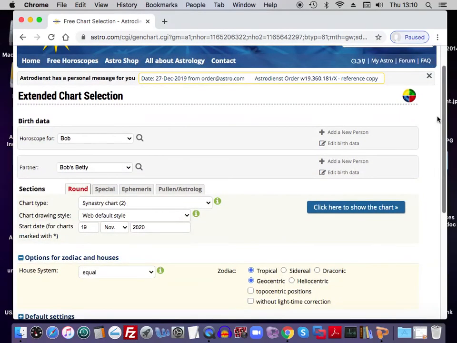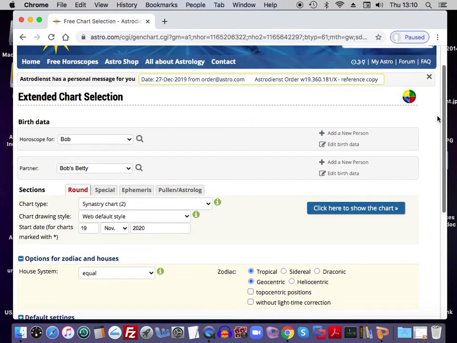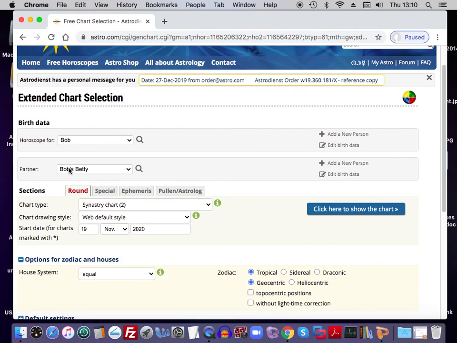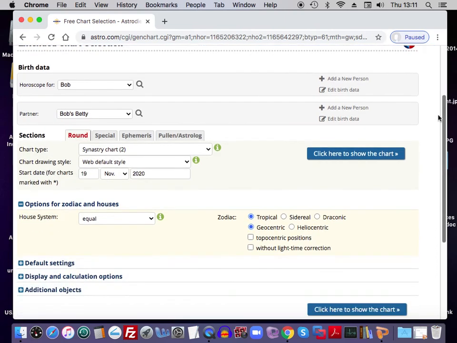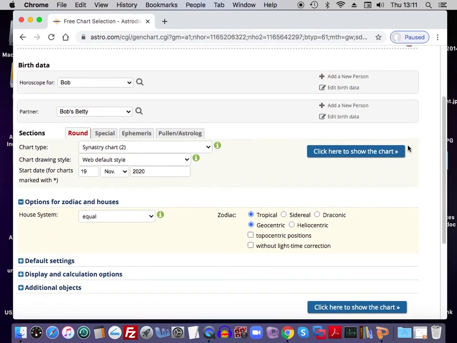So you can have one person and see how they interact with the other person, and then do the reverse. We could have Betty on the inside and Bob on the outside, but that's what I'll go through in the webinar. This is just how to make the chart, because if you don't make the chart correctly and you're using the wrong information or the wrong method, then nothing else is going to work.